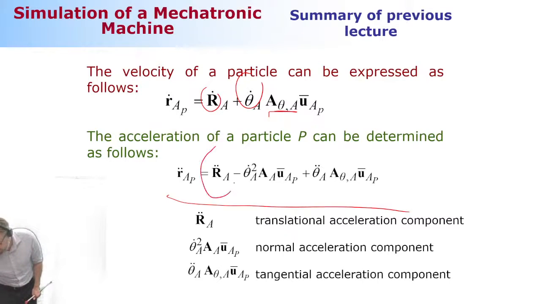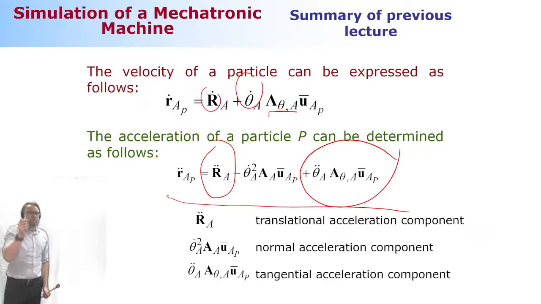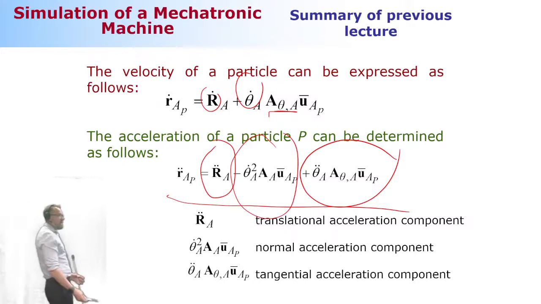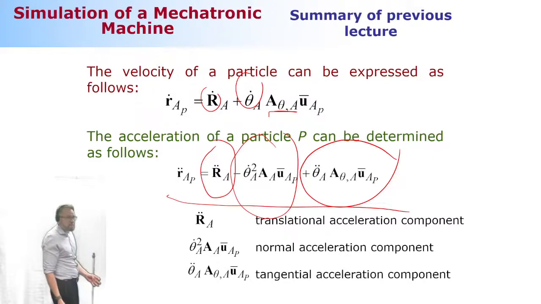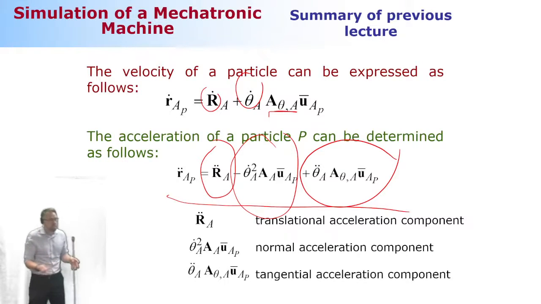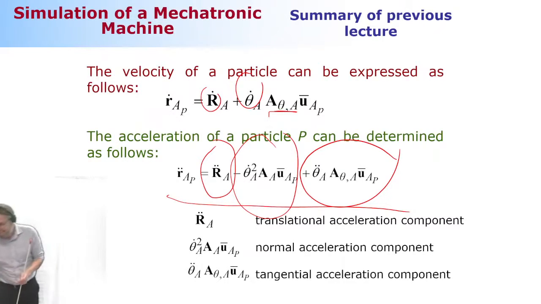Here's translational acceleration, here's angular acceleration. But some of them will be quadratically related to velocities. Why? Because this term here in the middle is quadratically related to velocity. So where did this come from? Kinematics. We made up our mind about the kinematics, and this is a consequence of that. That's what it is.